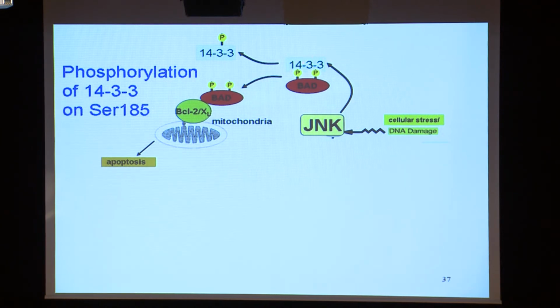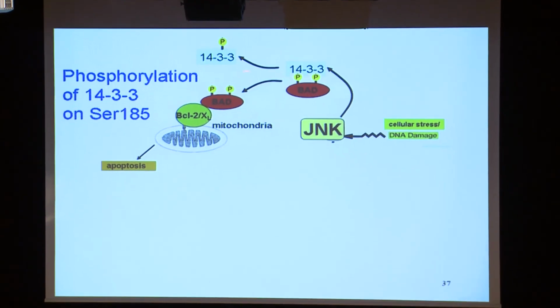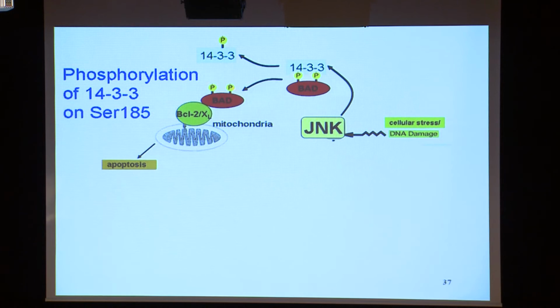This can phosphorylate 14-3-3 on this residue I mentioned, and the phosphorylation on the 14-3-3 causes dissociation from the BAD complex. So this can then bind to mitochondria and the BCL2 complex. This can then form a complex with the mitochondria and stimulate apoptosis or programmed cell death. So in response to cell damage, the net result is cell death, which is what you want, because you don't want a damaged cell to continue.